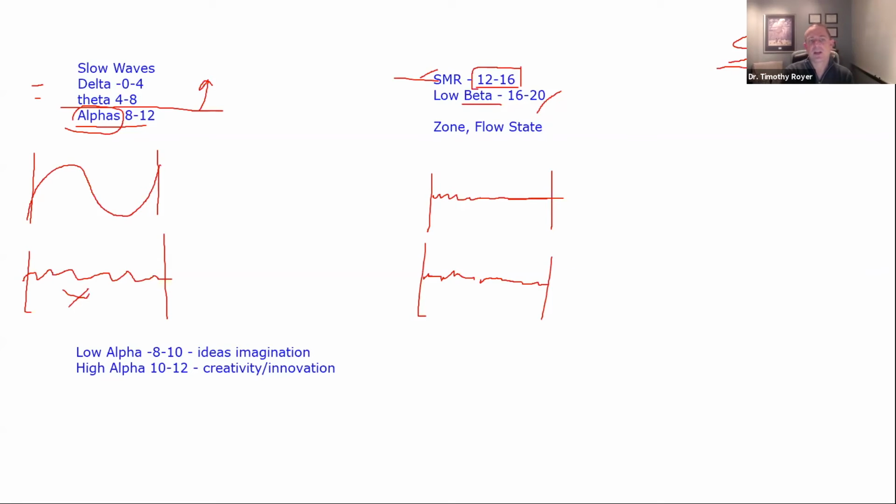16, compared to the cats that weren't getting reward, the cats that were getting rewards started making more SMR over longer periods of time because they were learning something new, just like we learn anything else. They were actually producing more SMR.